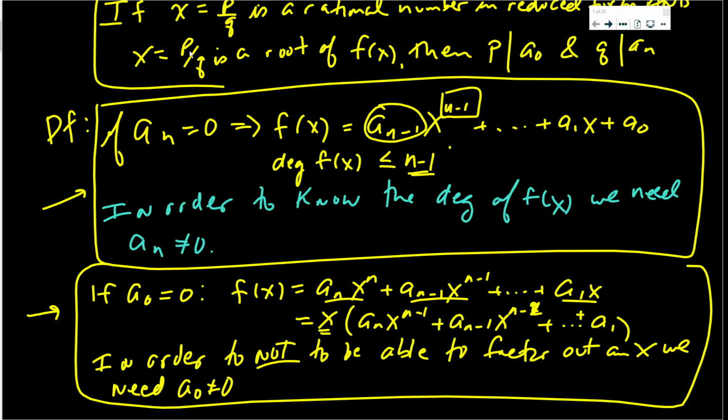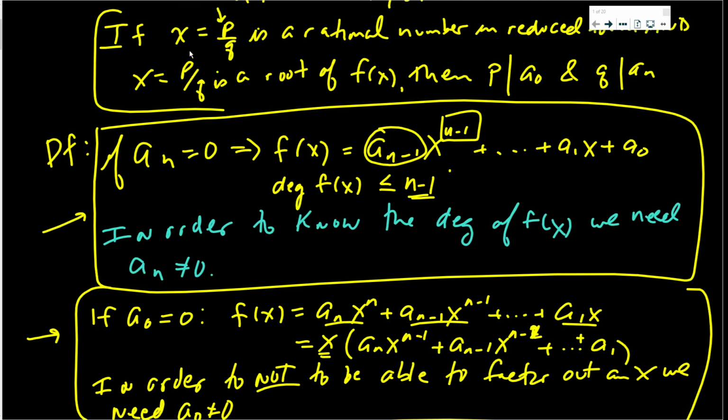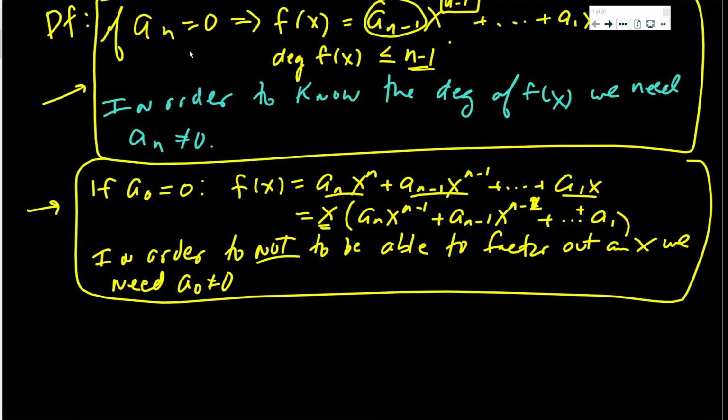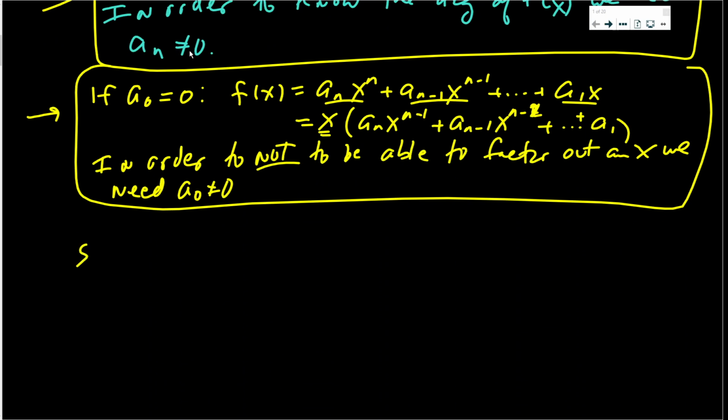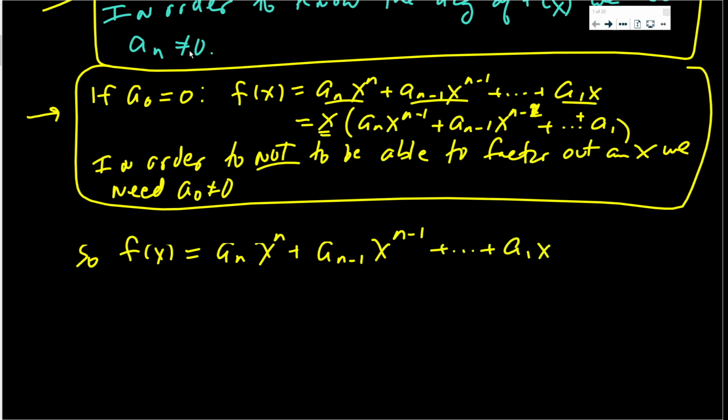We don't want a sub n to be 0, and we don't want a sub 0 to be 0. So f of x is a true polynomial of degree n, and the constant is non-zero. a sub n is not 0, and a sub 0 is not 0.